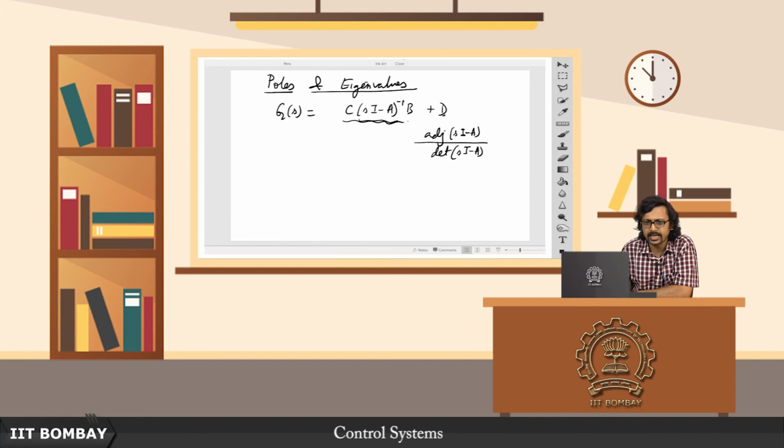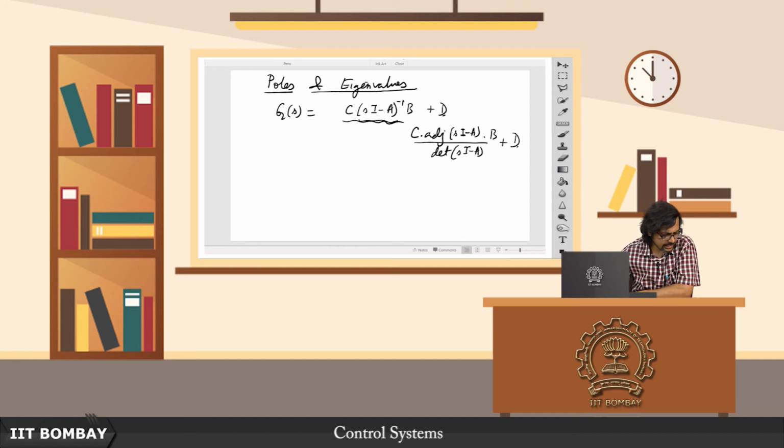So this entire thing turns out to be C times adjugate of sI minus A times B, and if you have the feedforward term, then of course D also makes an appearance. D is nothing but a scalar in our case because we are dealing with SISO systems.